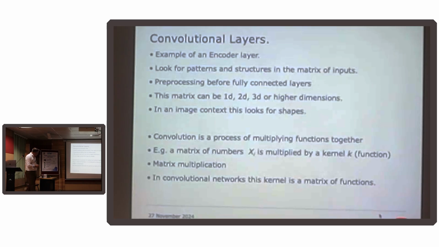Now, this is going to be a little bit intense, but I'm going to go through it slowly, and I might stop at the end of this so you can think about it overnight. But how do convolutional layers work? So, this is an encoder layer, and what they do is they tend to look for patterns and structures in a matrix of inputs. So let's imagine a grid.